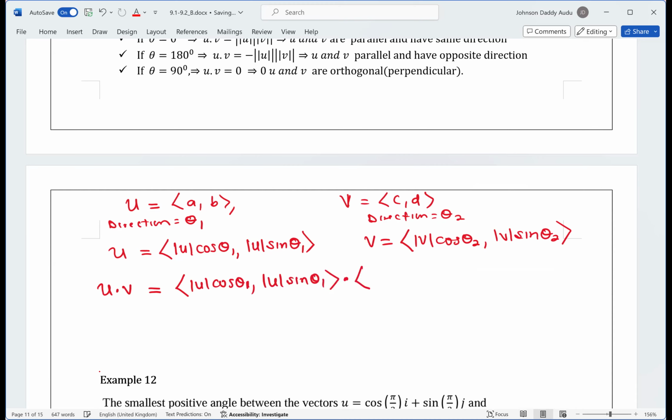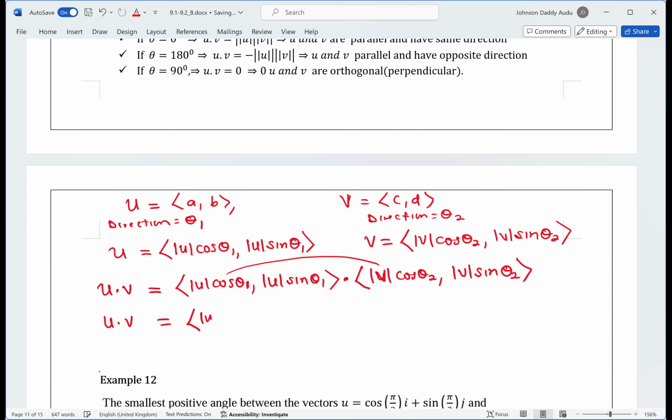Multiply by which vector? V, which is the magnitude of v cosine theta 2, the magnitude of v sine theta 2. So what can we do here? It means that u dot v is just what? You multiply these two, this and this.